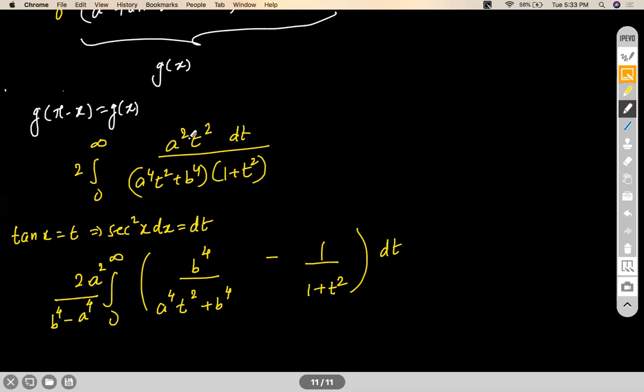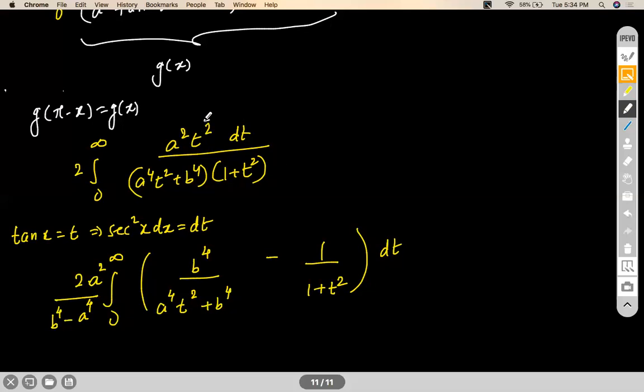For partial fractions, I would recommend you treat t square as if it is y. Don't treat it as if it is actually a quadratic, because if you do that, you'll get a lot of things as 0 in the structure of that partial fraction.